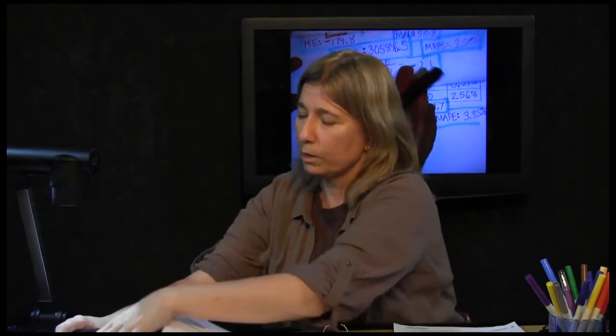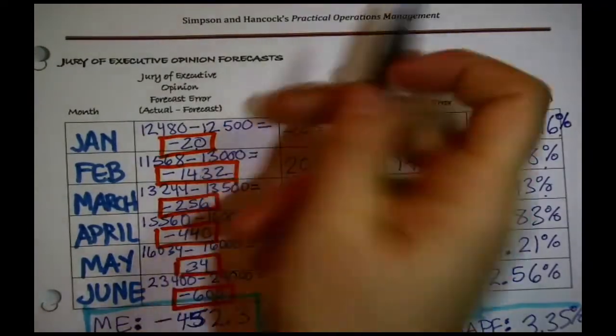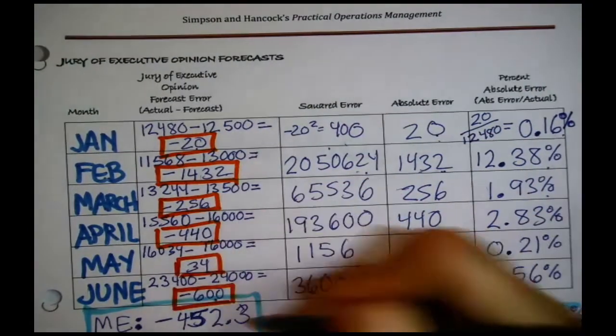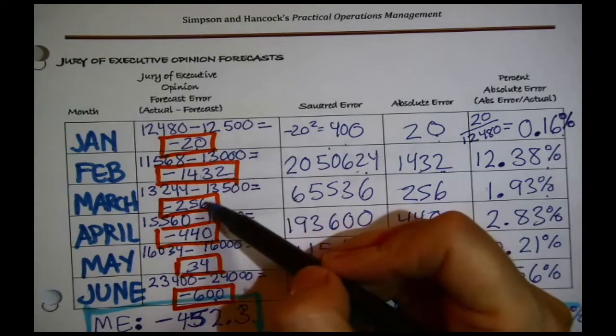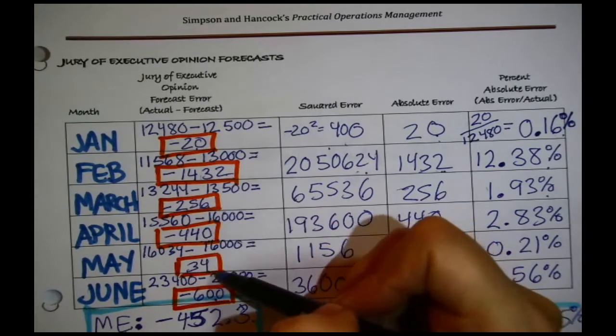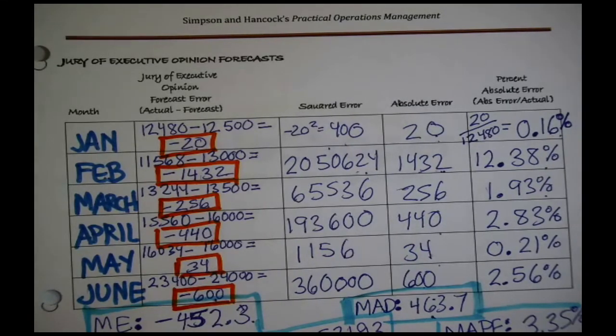I'd say they look like they're similar in accuracy, but the jury of executive opinion is substantially more biased. Look at the errors. They're almost all negative. It's only in May that there's a positive error out of 6 months, and it's only a tiny positive error. Now, here's the idea.